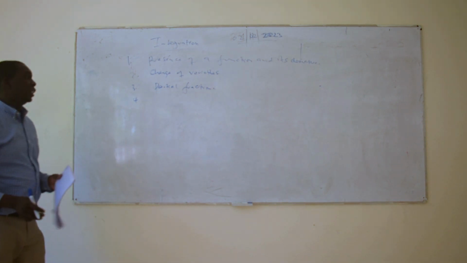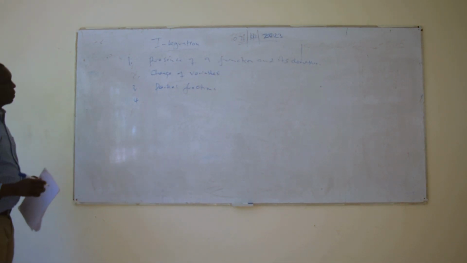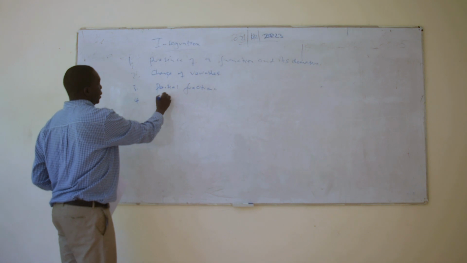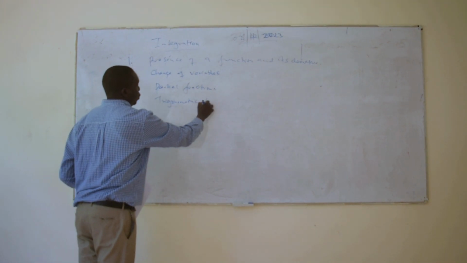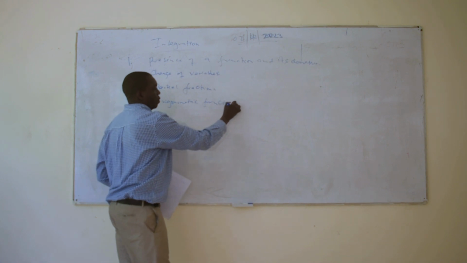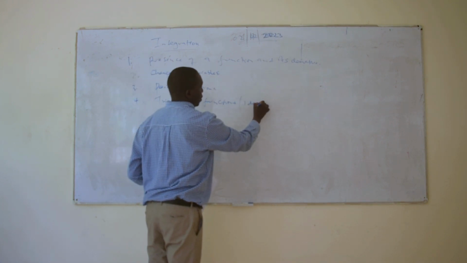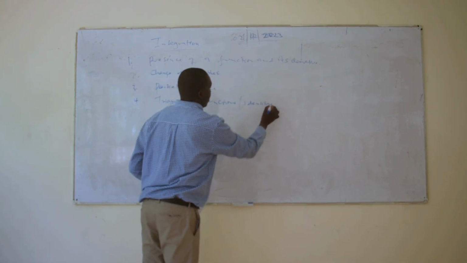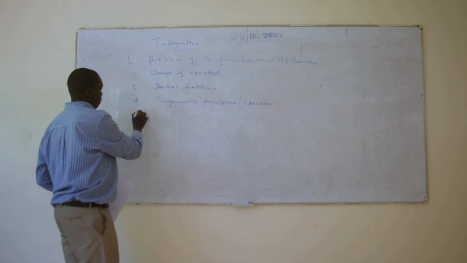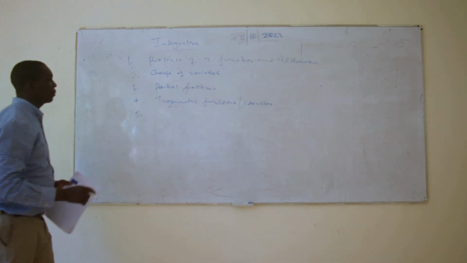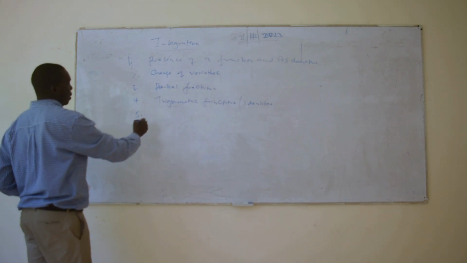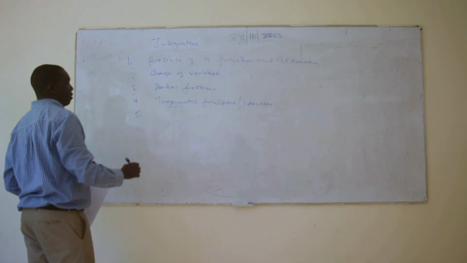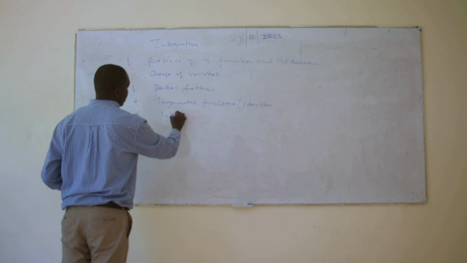Four, we can employ the technique of trigonometric functions from identities. Five, we can employ the technique of integration by parts.